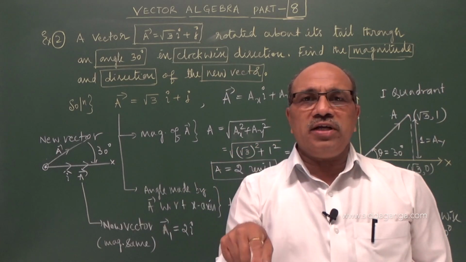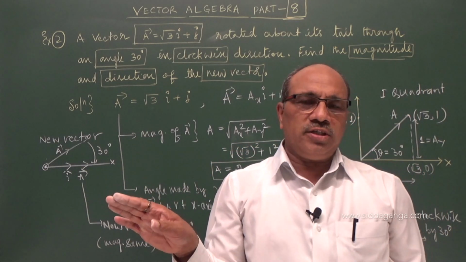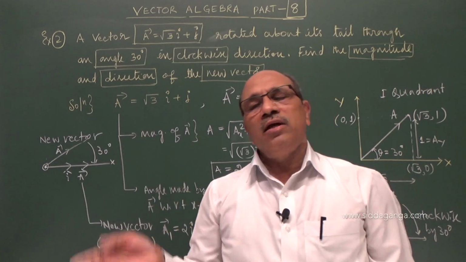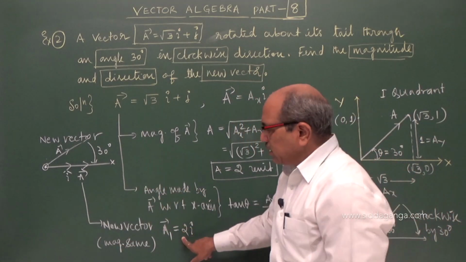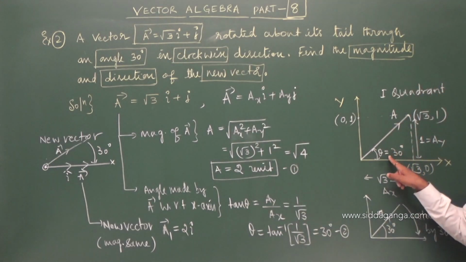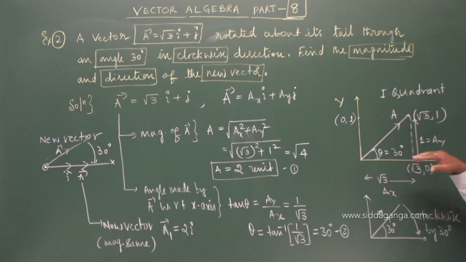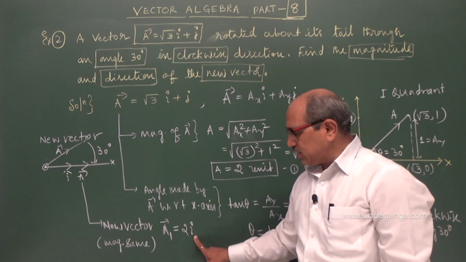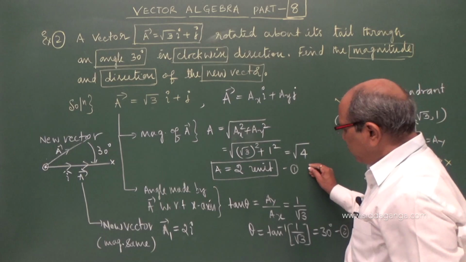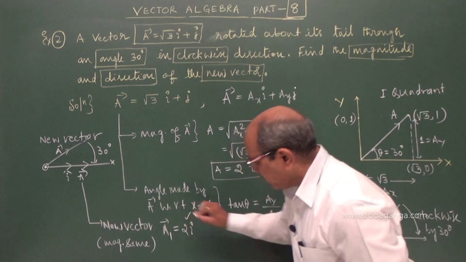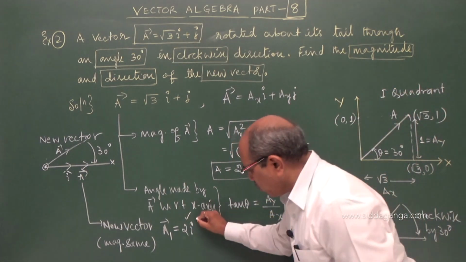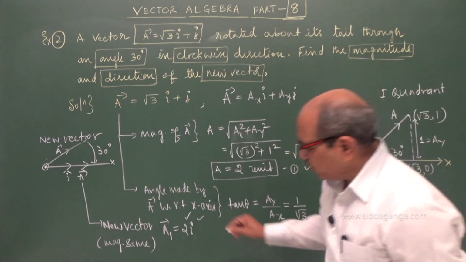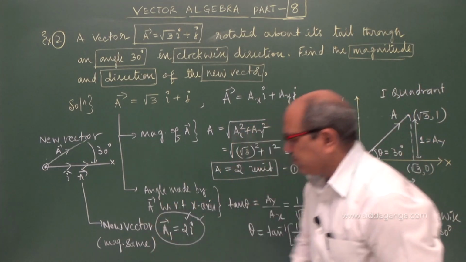If it is turned by 2 pi radian, even the direction does not change, but if it is turned by some other angle, the direction changes. When I turned it 30 degrees, the new vector joins with the x-axis, meaning only one component, i, along the x-axis with magnitude 2. The direction must be along the positive x-axis. Therefore, the new vector is 2i.